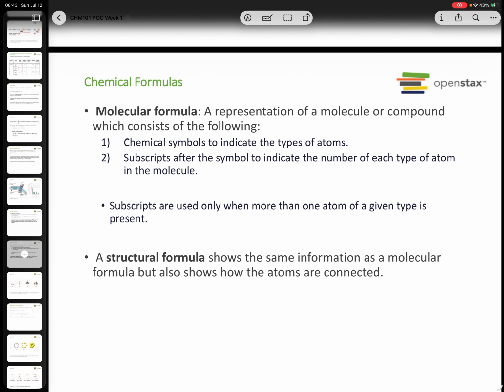So if there is only one atom of an element, yung subscript niya ay 1 o kaya hindi na sinusulat. It is not written anymore. Structural formula naman gives the same composition information, but it also shows how atoms are connected to each other. Okay, so this is important because the same atoms can sometimes be connected in different ways.